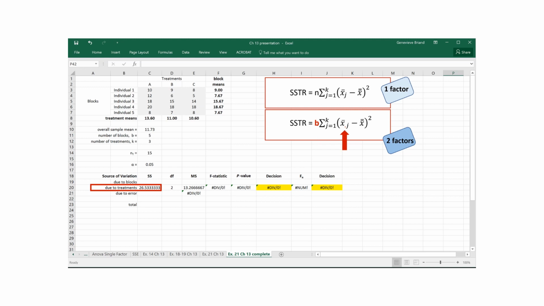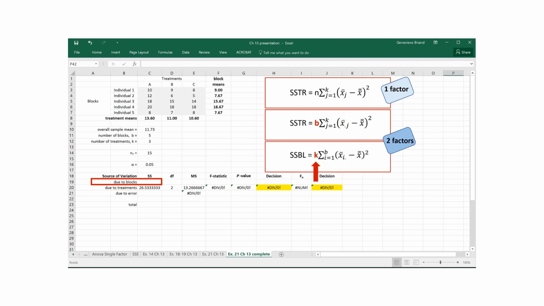And now that we have an additional factor, individuals in addition to assembly methods, or blocks in addition to treatments, we need an additional index to keep track of our data. So we have this placeholder for an additional indexing of our averages, indicating here that we average the values for each treatment J across all blocks, or individuals in this example.